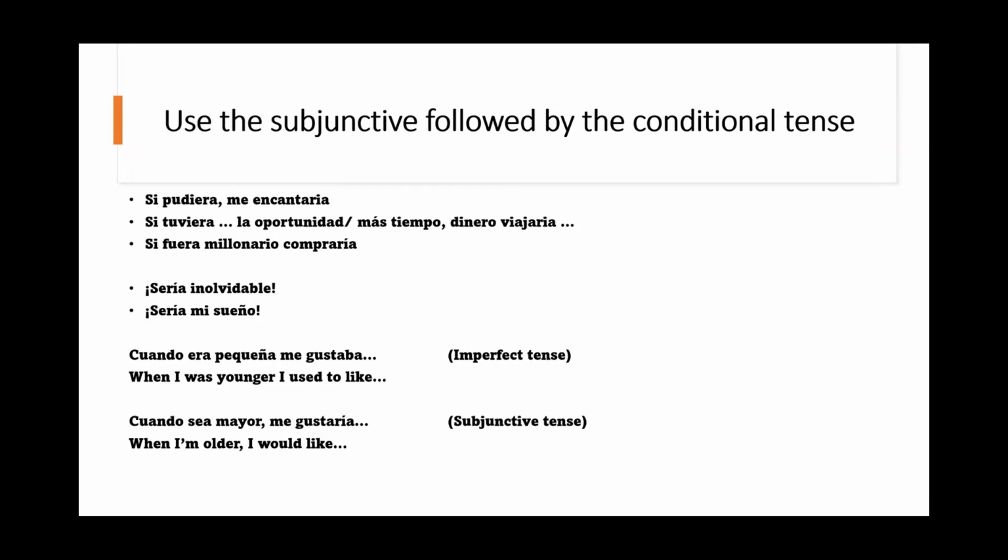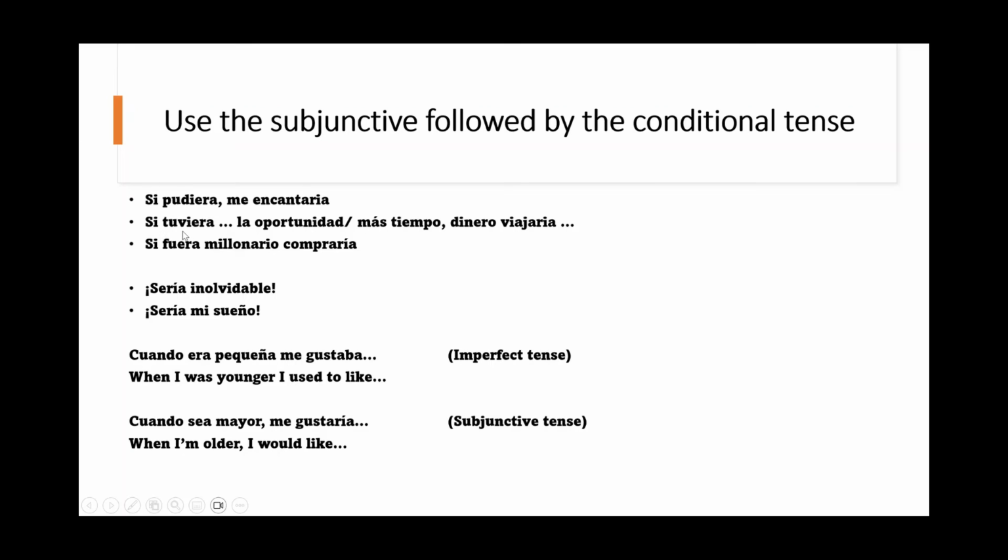So in this slide, we're looking at using the subjunctive followed by the conditional tense. This would more than likely be used on your last bullet point for the writing questions. So, si pudiera, me encantaría. If I could, I would love. So that's the first one there.